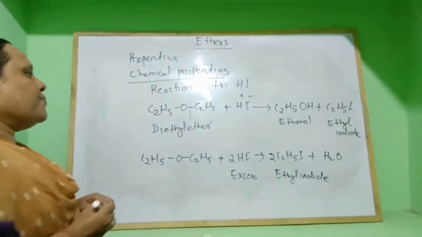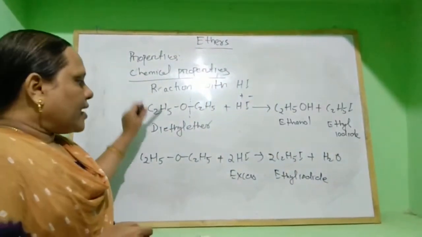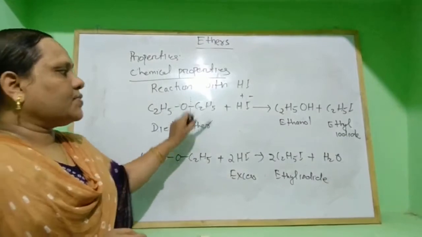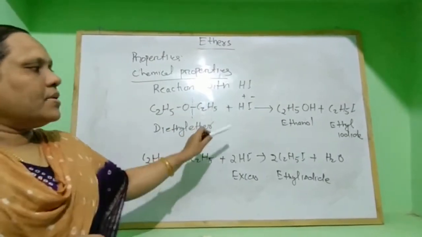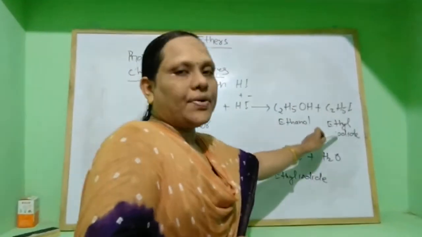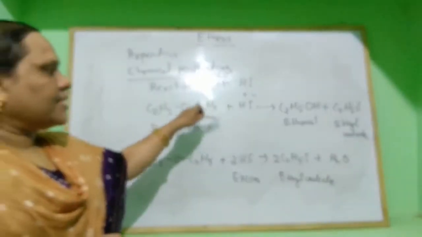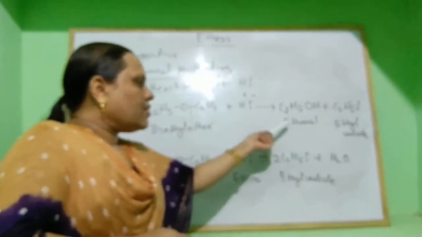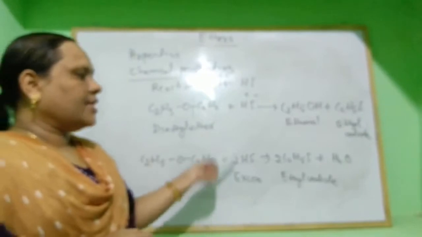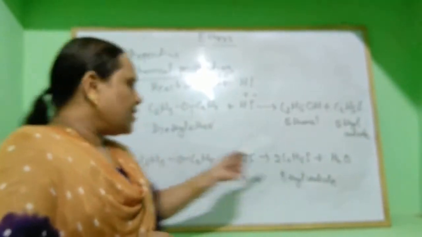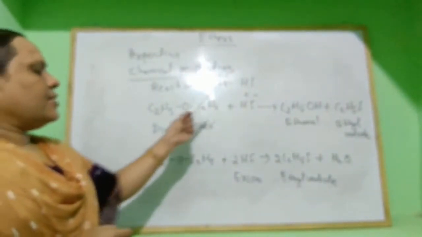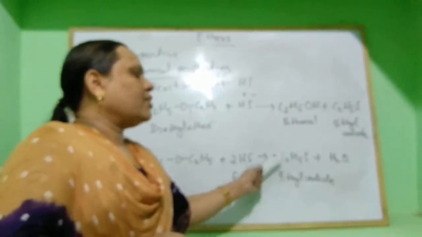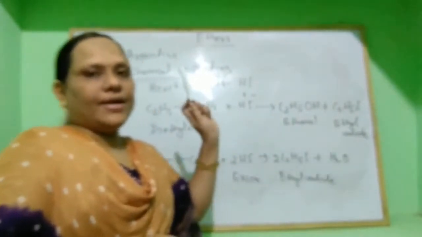Again I repeat, if excess of HI is taken, then the alcohol again reacts with HI to form ethyl iodide. So diethyl ether reacts with HI to form ethyl iodide and water.